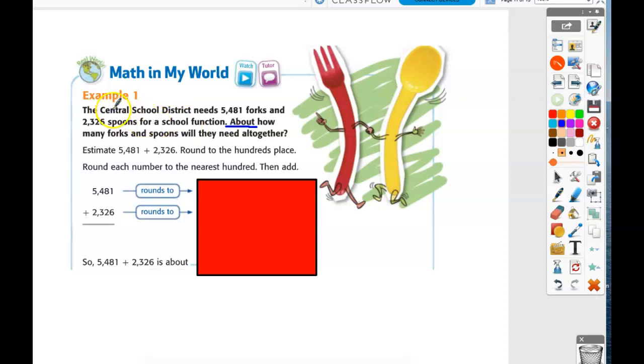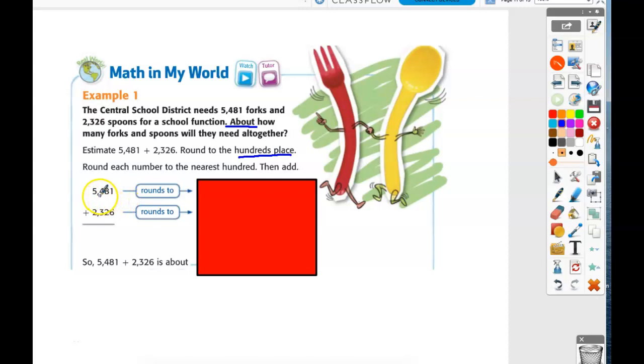So anyway, back to the number problem. The Central School District needs 5,481 forks and 2,326 spoons for a school function. About how many forks and spoons will they need altogether? Well, we're going to estimate the 5,481 and the 2,326, and we're going to round to the nearest hundreds place.